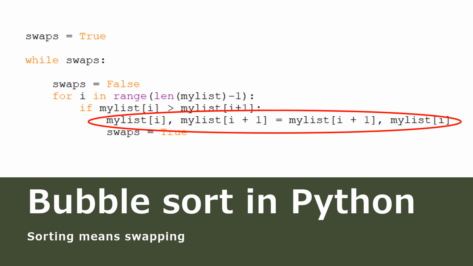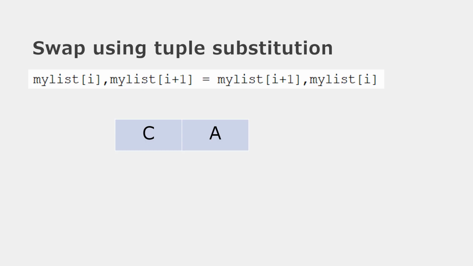This uses a method called tuple substitution. When we swap using tuple substitution, the two values overwrite each other, and so a single line of code will swap the two values round. So CA becomes AC. For example, a single line of code has swapped the two values.